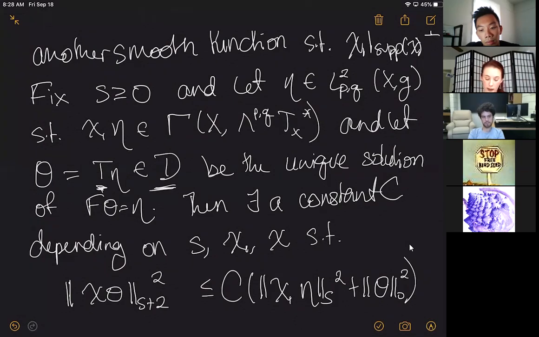And so what this is saying is that if the data that we started with was in HS, so our Sobolev space with S weak derivatives, then the solution to this equation is going to be in HS+2. The way that I read this result, I've written this down as a technicality because this is a standard elliptic regularity result.